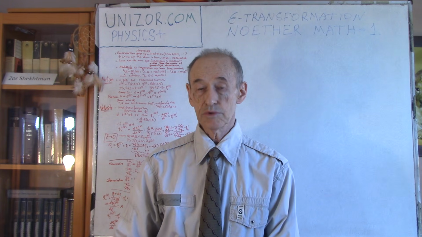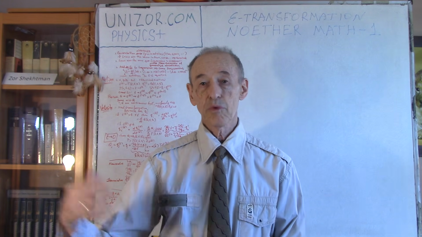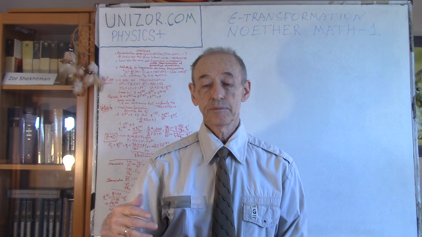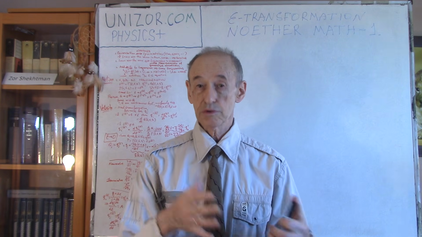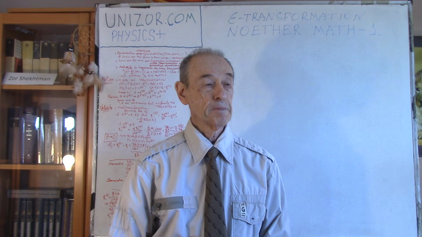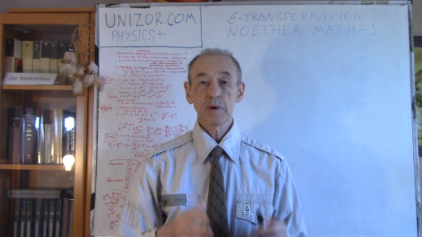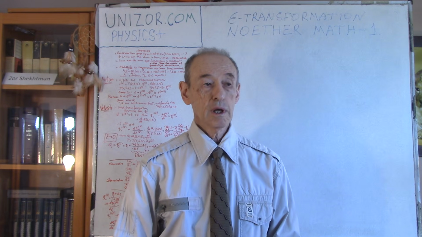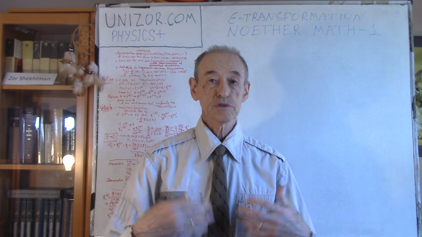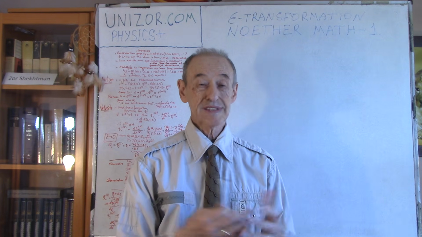This is just another view, which is more general and more applicable to other areas of physics, not only to classical mechanics. So we are talking about the Lagrangian's properties, which are not supposed to change as something changes.